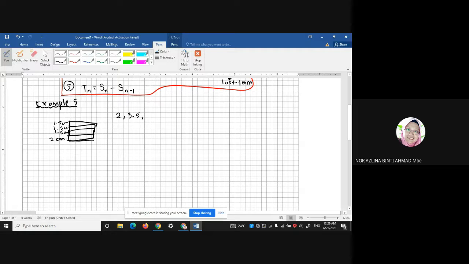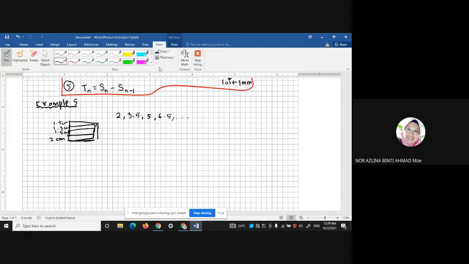Tinggi dia daripada bawah ni. Okey. Daripada 2 lepas tu naik 3.5. Kemudian naik lagi. Jadi tambah 1.5 dapat 5. Kalau naik lagi dia akan jadi 6.5, dan seterusnya. Okey. So ini adalah sekuen dia. So kita tahu dia menaik, increase 1.5 setiap satu.